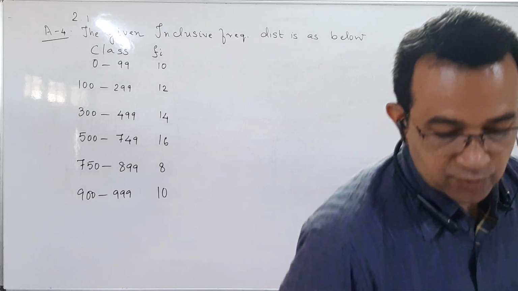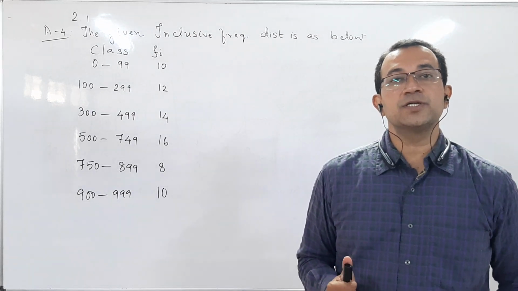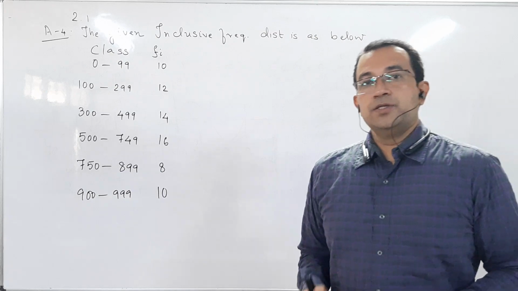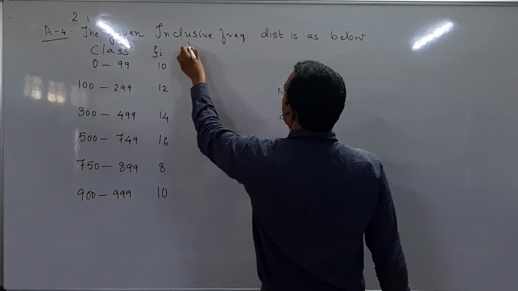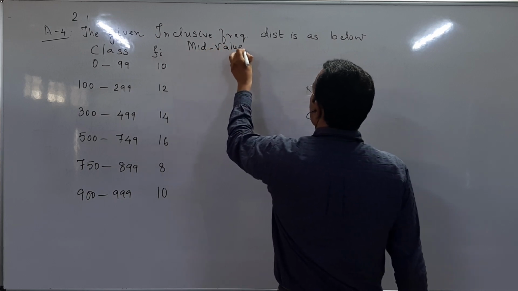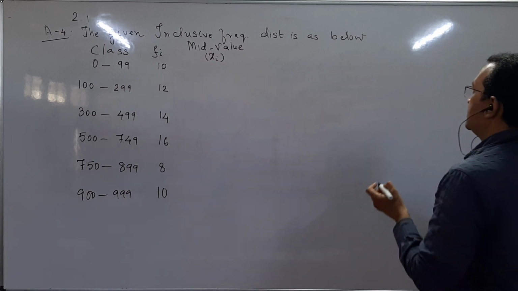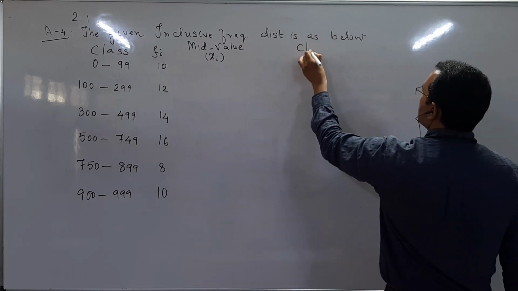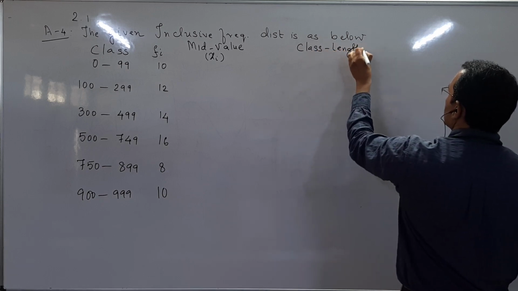Now we have to write class length and mid value of each class. Now let us make the column of mid value, and mid value is usually denoted by xi, and then we make the column of class length.